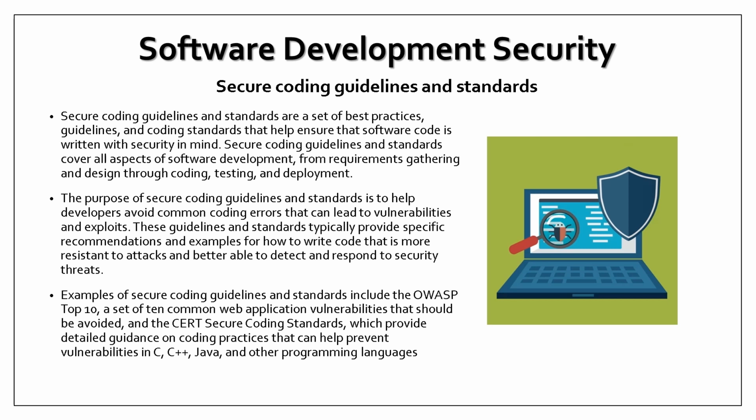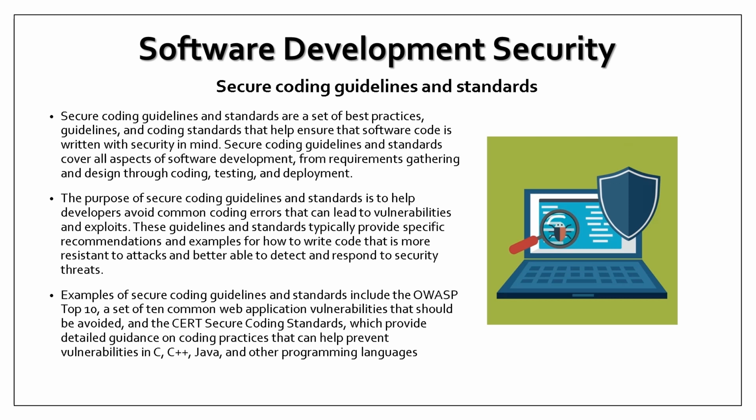The purpose is to help developers avoid common coding errors that can lead to vulnerabilities and exploits. These guidelines and standards typically provide specific recommendations and examples for how to write code that is more resistant to attacks and better able to detect and respond to security threats.